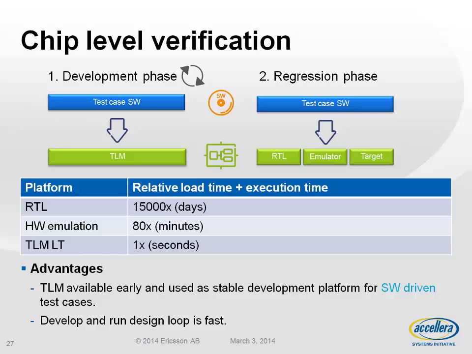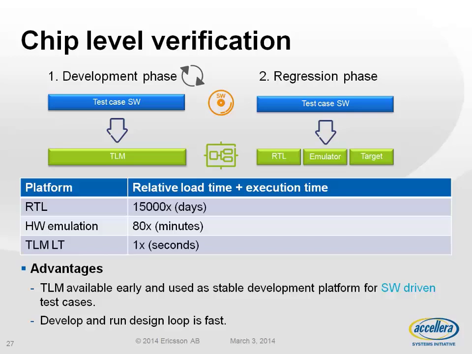Because the TRM model is available quite early, we can use it to write test case software so they can exercise each other. The software can get an idea of the hardware, and sometimes we even found bugs in the TRM model, so we can fix them at an early stage and increase the quality.